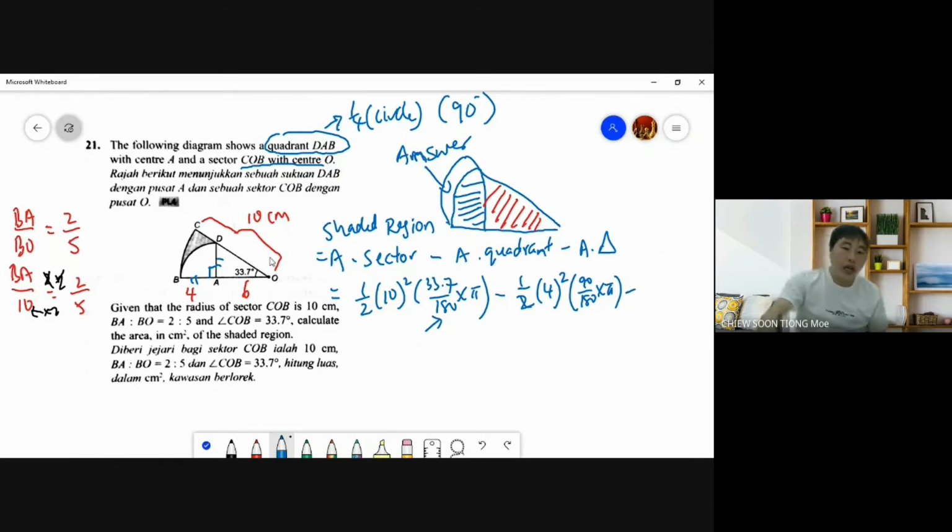Minus area of triangle 1/2 times 4 times 6. Then straight away you can get the answer. Press calculator on it. You will get the answer will be 4.845 cm square.